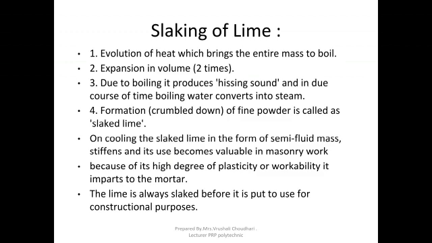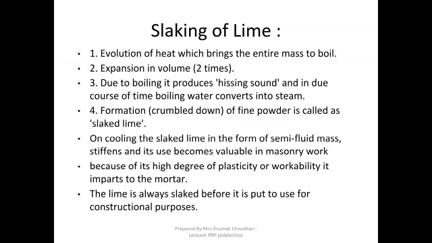On cooling, the slaked lime is in the form of a semi-fluid mass which stiffens, and it is used for masonry work. It has a high degree of plasticity and workability which it imparts to the mortar. But lime is always slaked before it is put to use for construction purposes.